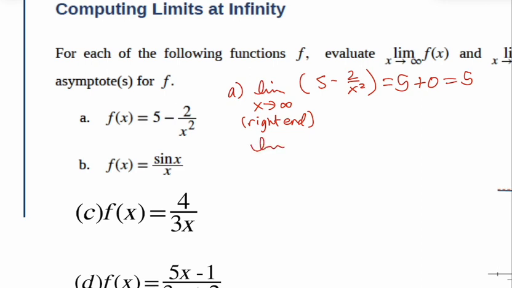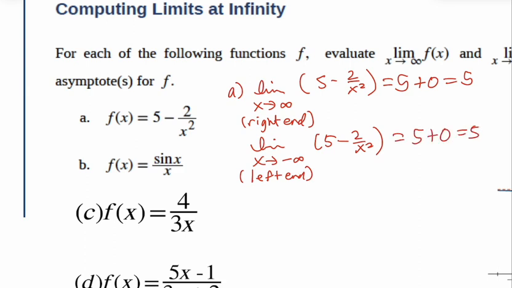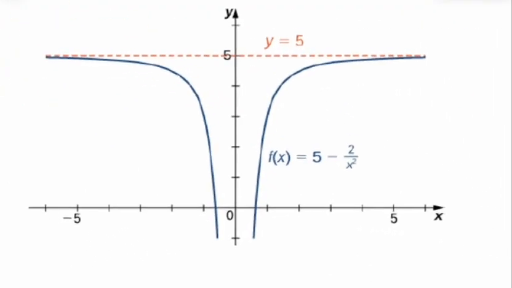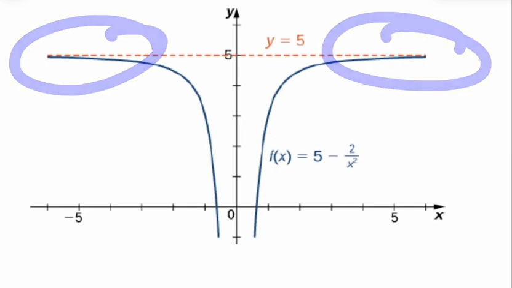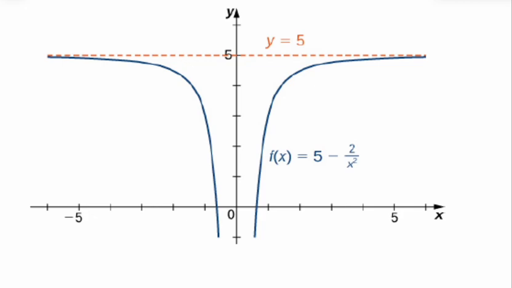Now, if we do the left end behavior, if you square a negative, it's still going to become a positive, but it's still going to head to 0. So it's still doing 5 plus 0, or 5. Now, if we look at the graph of that, you can see that our left end and our right end are both heading to a height of 5.